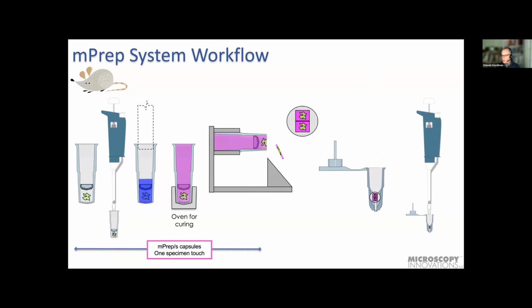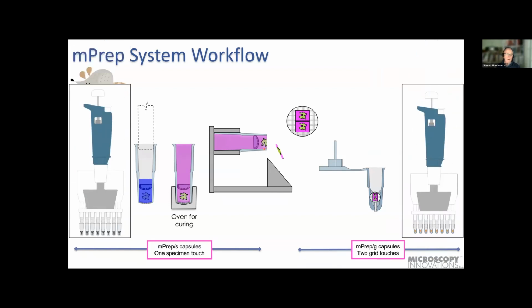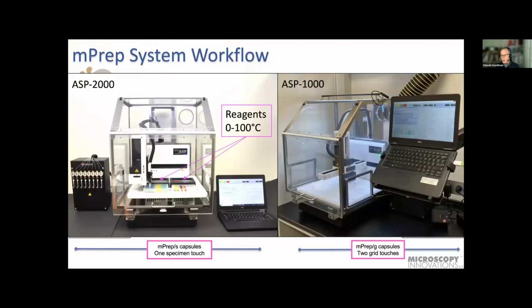Now, I'm showing single channel pipetters. The reality is, in most applications, you would rather use a multi-channel pipetter if you're doing things manually, and I'll show some examples of that work, either with the specimen capsules or with the grid capsules. And of course, you can automate the entire system, and I'm showing an ASP 2000 and an ASP 1000 here.